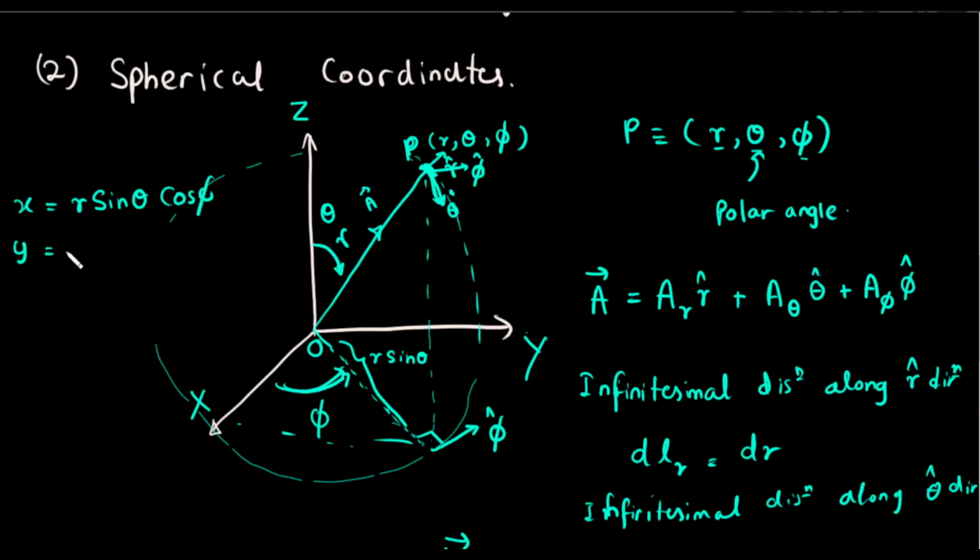And y can be considered as the vertical component of the r sin theta, so y will be r sin theta times sin psi. The z coordinate: we have this r here, so the length of this vector is r, and the component along the z axis is going to be r cos theta.